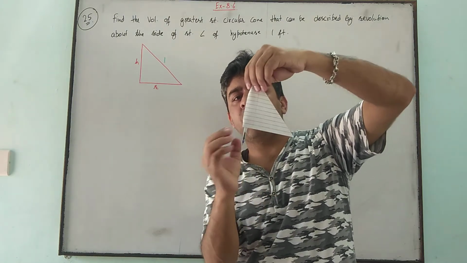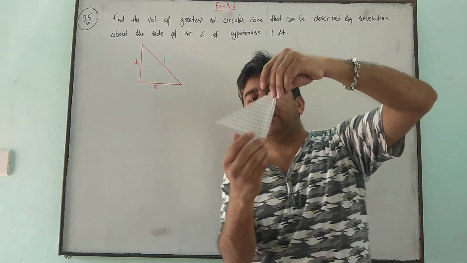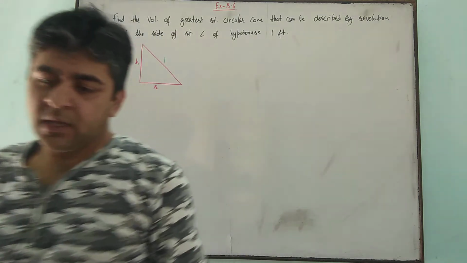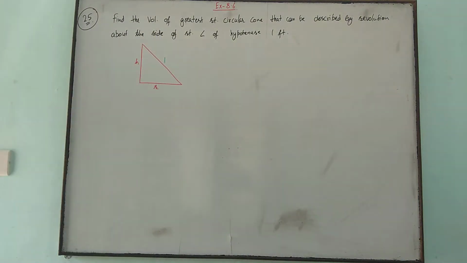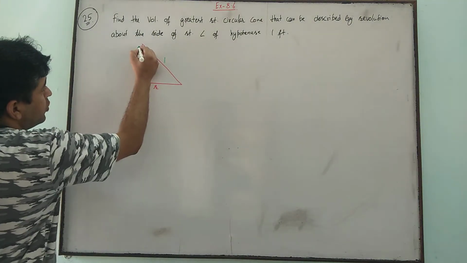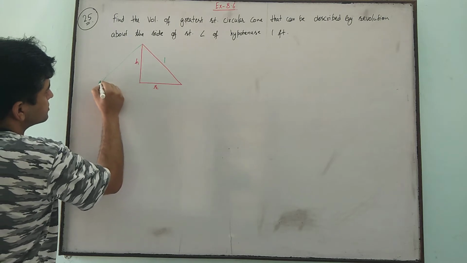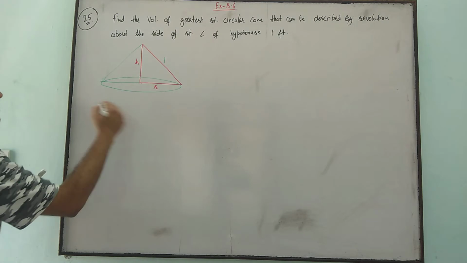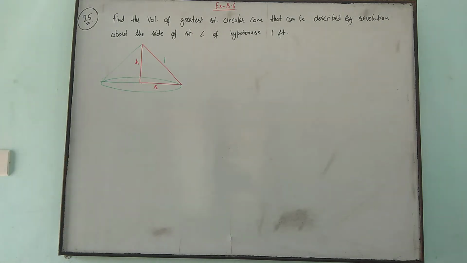So to find the maximum volume, that is the question. If we revolve it around h, we will get a cone like this, as I told you just now.